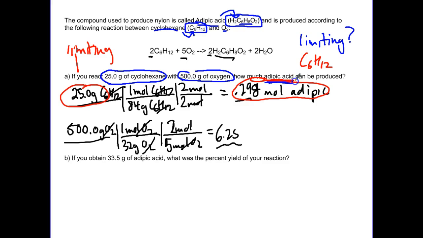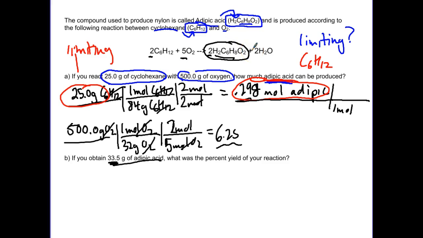How much adipic acid can be produced? 0.298 moles. But we usually want to convert to things in grams. You don't have to do this every time. I want to emphasize that. But as I look ahead, I see the next problem involves grams of adipic acid. So I might as well convert this to grams first. So 1 mole of adipic acid. So here's the formula. So I need the molar mass of this.